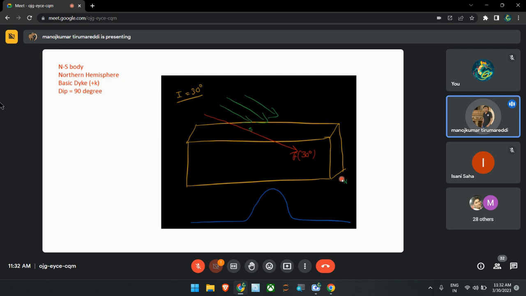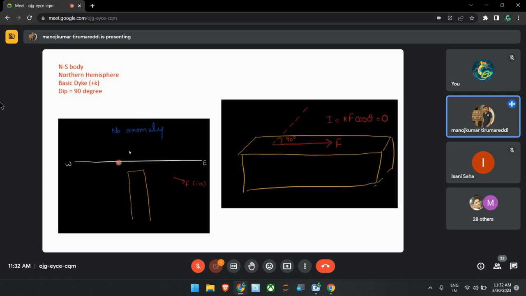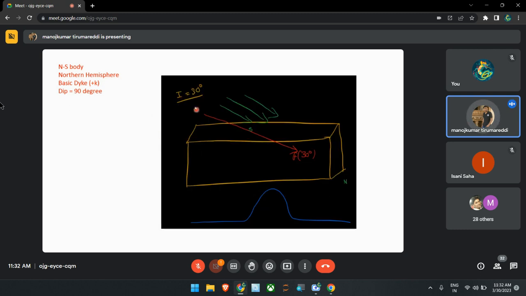The field lines come from the north pole, go around, and go to the south pole. That direction is parallel to the applied or external field direction, so we get a positive peak. At the equatorial region we don't get any peak, but if I is 30 degrees, we get a positive peak.